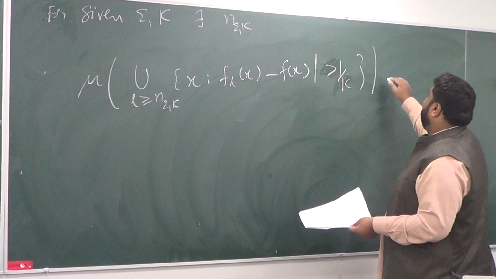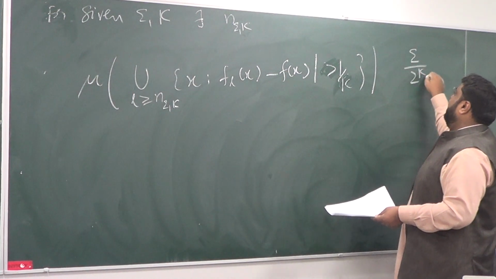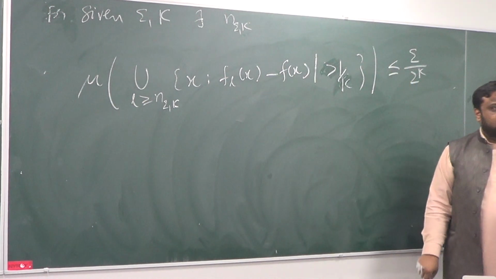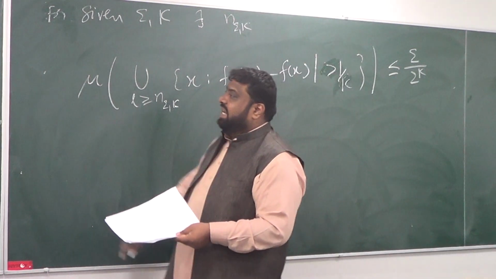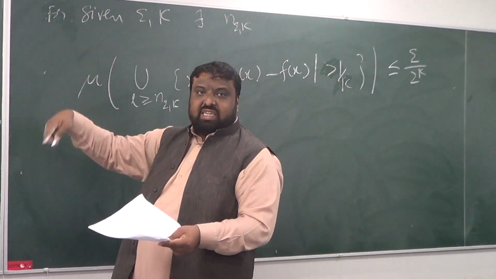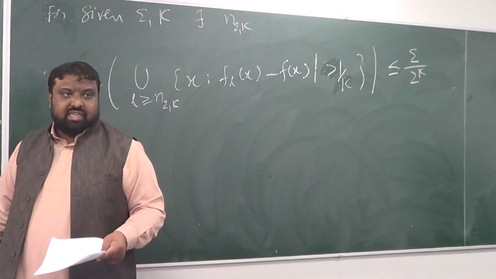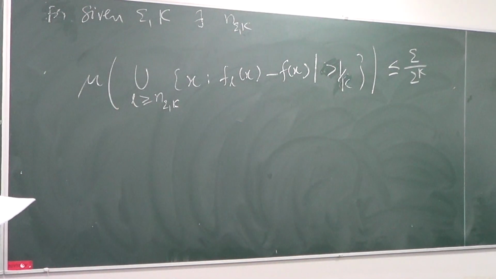Now take that epsilon as epsilon over 2 to the k. I had an epsilon previously, so using that epsilon, I have created an epsilon for this limit. That epsilon is epsilon over 2 to the k. So I got it.